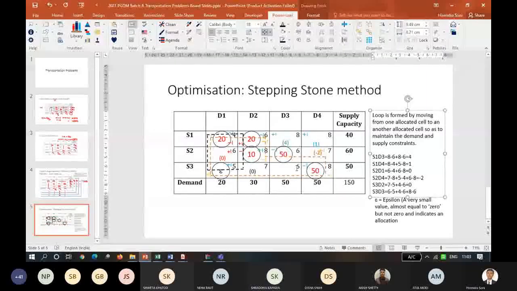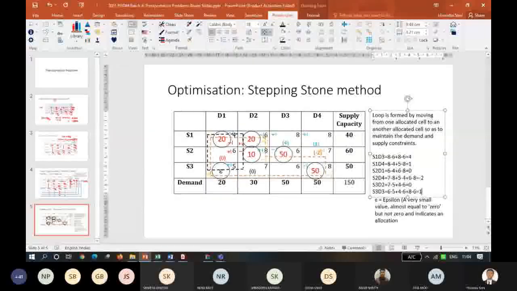Yes, sir. So net effect कितना हुआ? 6 minus 5 is 1. 1 plus 4 is 5. 5 minus 6 is minus 1. Minus 1 plus 8 is 7. 7 minus 6 is 1. So that means if an allocation is made in this cell, it would have increased the cost, and that too by 1.